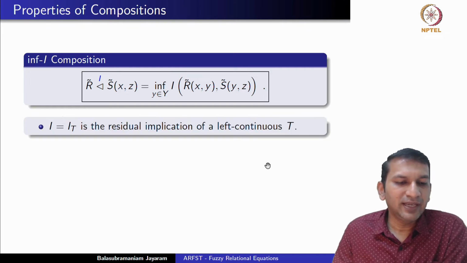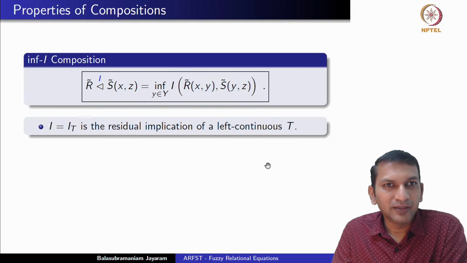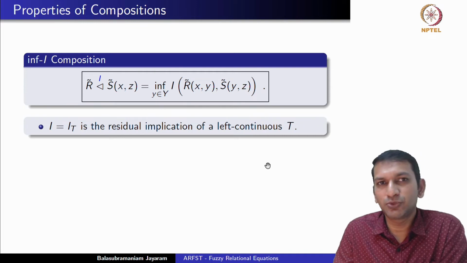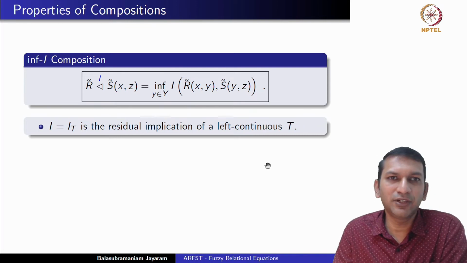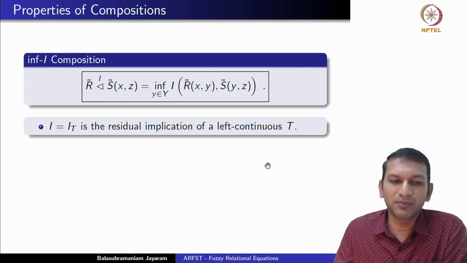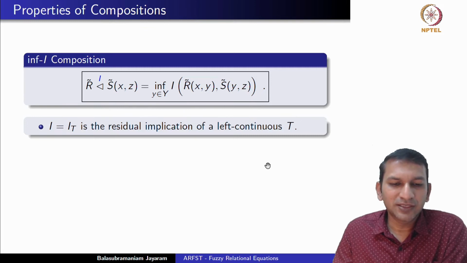if we take IT to be the residual implication of a left continuous T, since we want to discuss in the framework of residuated lattice structure, the rest of the properties we will discuss when T and IT are related to each other as a residual pair, which means T is a left continuous T-norm and IT is the corresponding residuated implication, the R-implication obtained from T. So let's fix this.